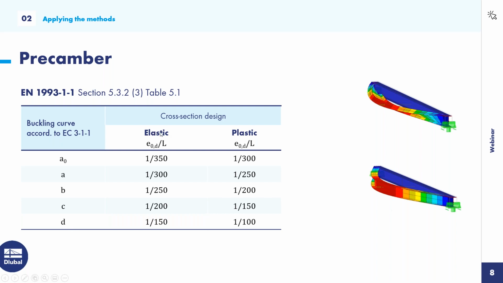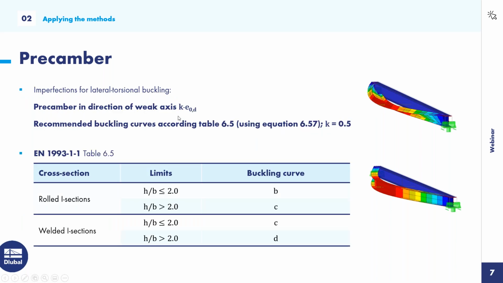The warping torsion analysis is an elastic design, as I already mentioned. Therefore, we need to apply not L divided by 150, but L divided by 300, because of the formula 0.5 multiplied by e0d.